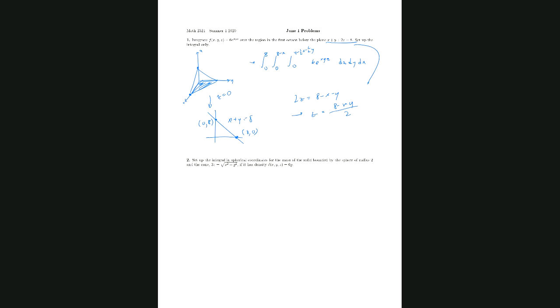So what is this? That's a cone. So as we've now done 3 of these today, if I rewrite it, it's 3 rho cosine of phi is equal to r, which is equal to rho sine of phi.